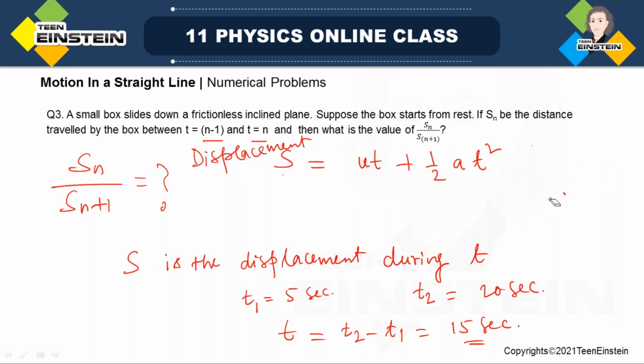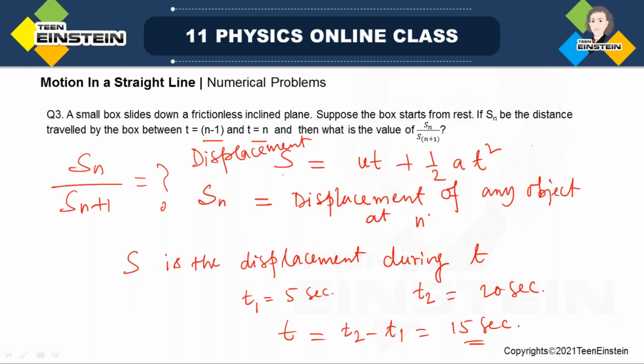So only S was the displacement during a certain time interval. But what about Sn? Sn means the displacement of any object at the nth second.